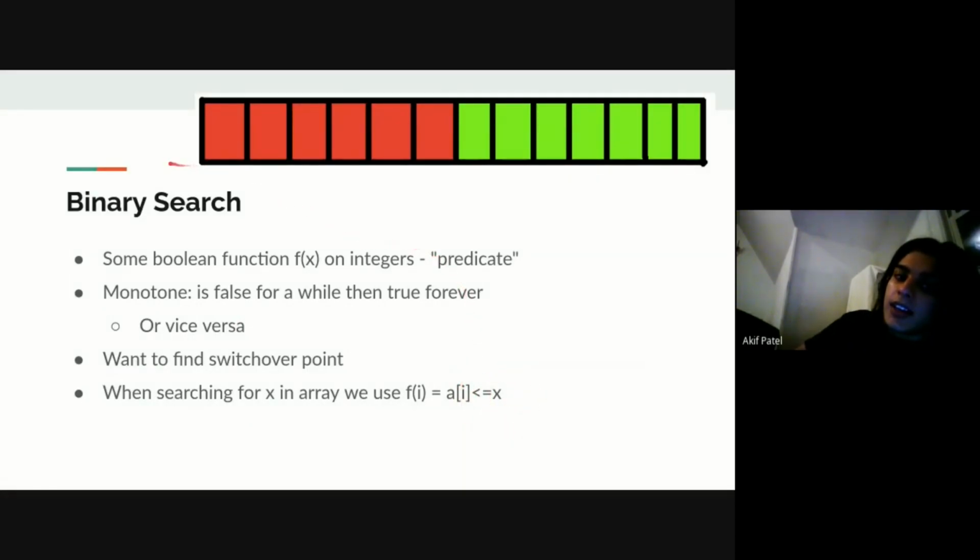Because if the array is sorted, a i will be less than x for all this part, and at some point, once you reach it, a i will be greater than or equal to x. And then equal to here maybe, and then greater than from this point onwards. Or if it doesn't exist in the array, it'll just switch over to being greater than x, and this whole green part will be strictly greater than x. And so this predicate is what gives us our traditional binary searching in an array.